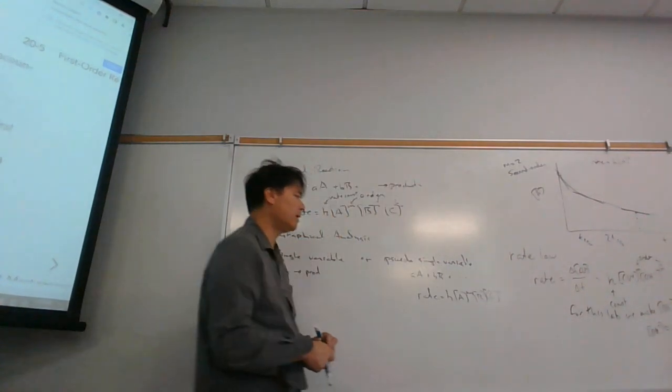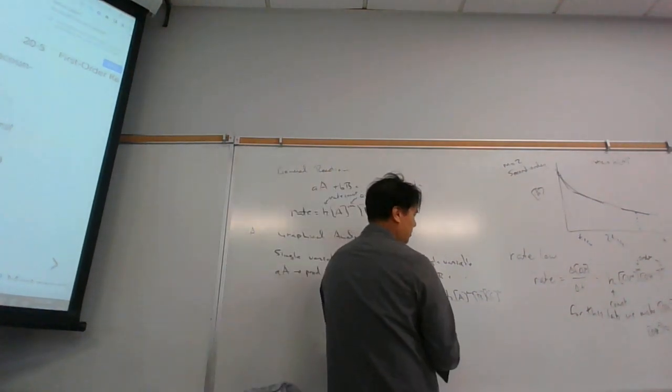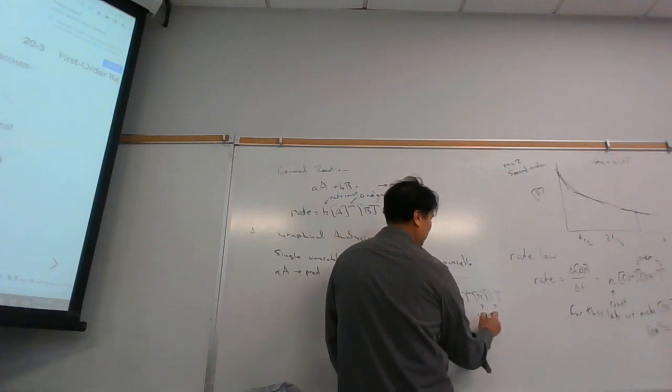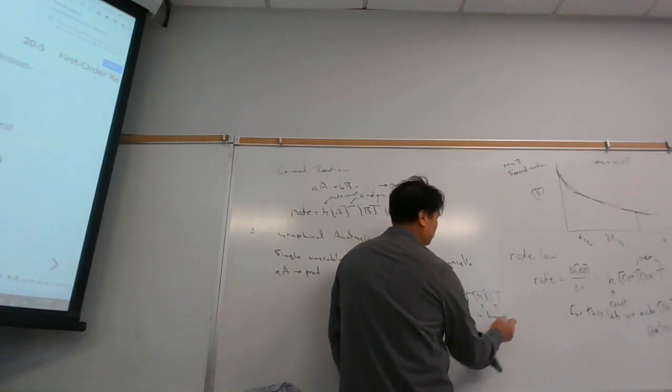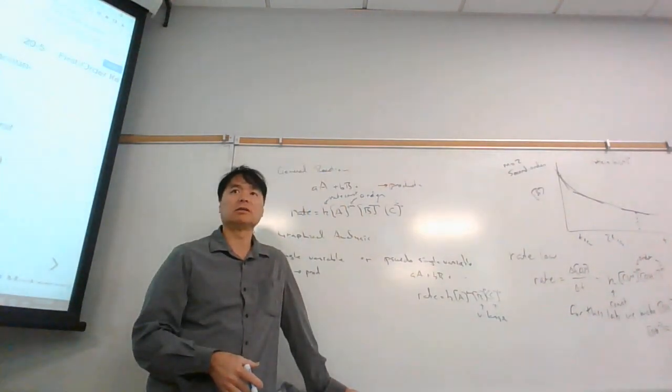And what we do is we make two of them very large. So it doesn't matter which two. Let's take the second two here. We'll make B and C very large. If B and C are very large, then it doesn't change during the course of the reaction.